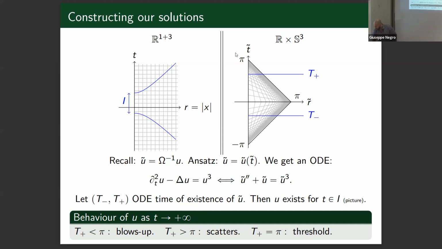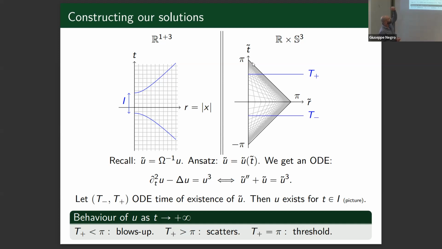And so I'm talking about this case here. If this t plus is strictly bigger than pi, you exist for all times, and you're also bounded, because you are essentially an ODE that exists for all times, so it has a maximum and a minimum. You can prove this directly, but remember Dodson and Lowry: if you are bounded, you scatter. And indeed, that's what happens.